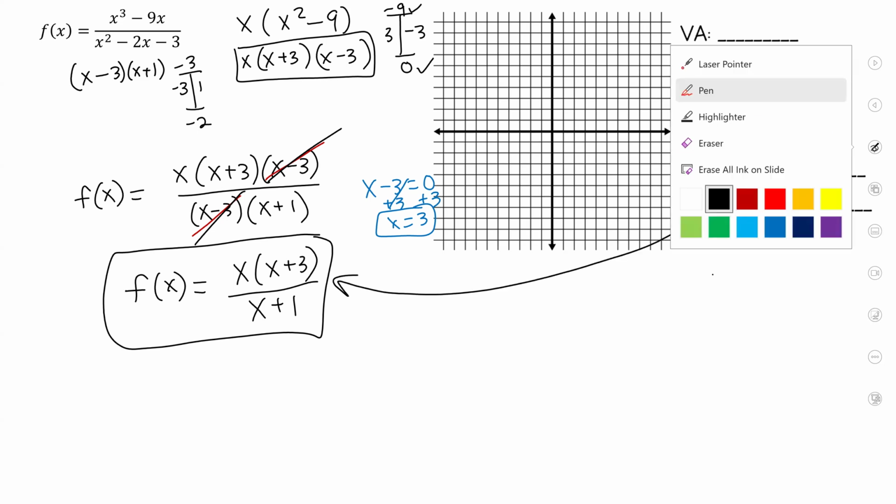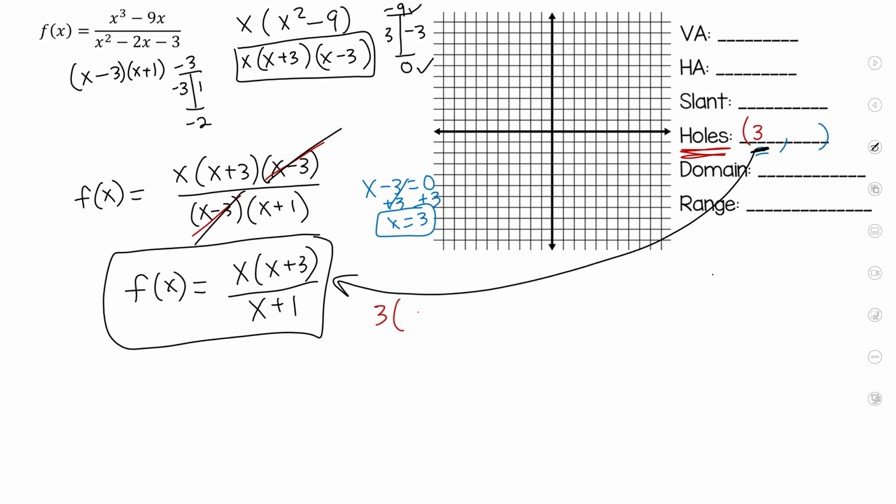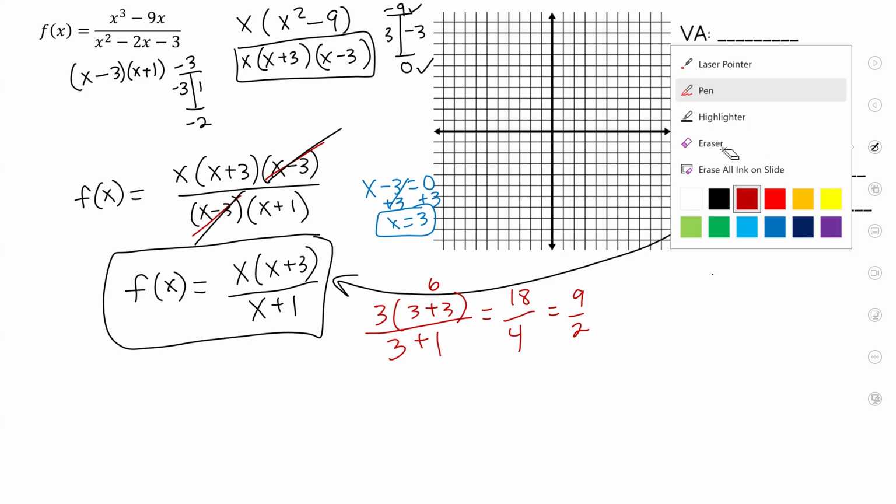So I will have 3 times 3 plus 3 over 3 plus 1. I plugged in 3's where all the x's are. This becomes 6, and 6 times 3 is 18 over 4. Can we simplify this? Yep, 9 over 2. So this is 9 halves. That is where the hole is.